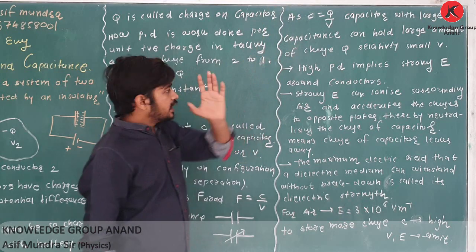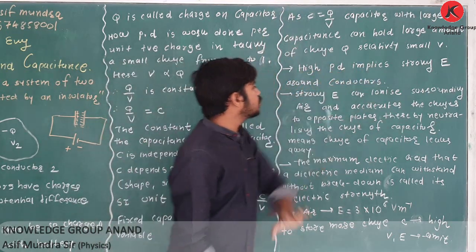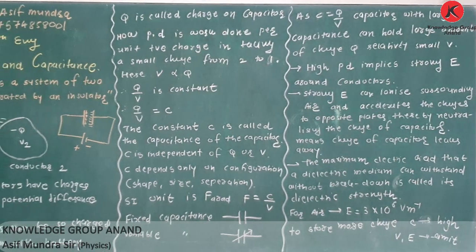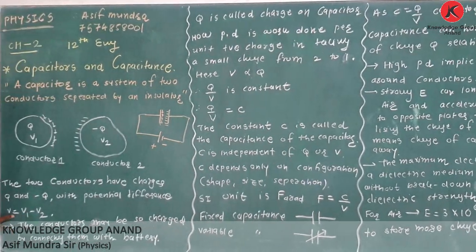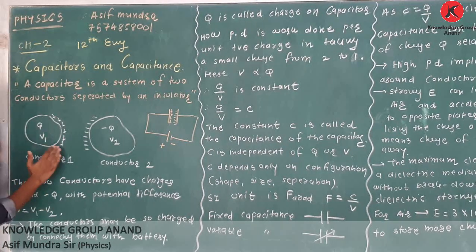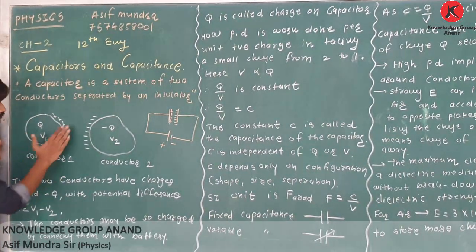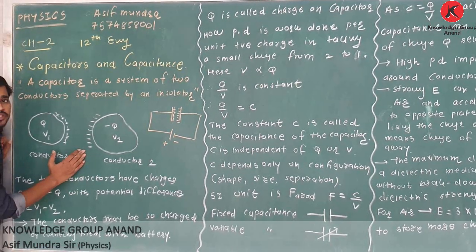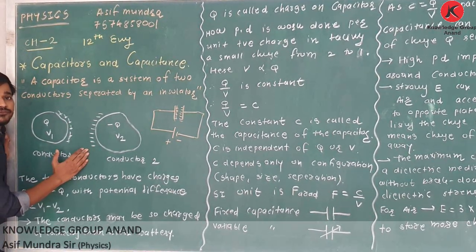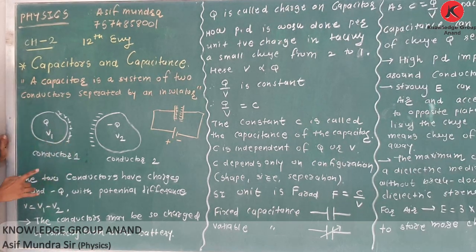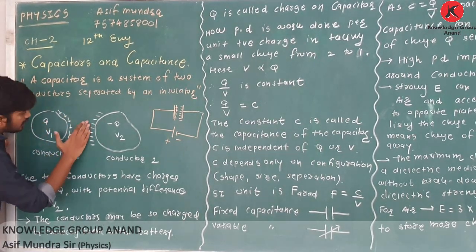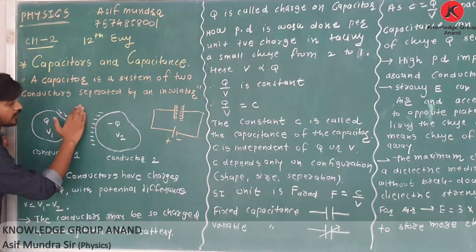At lower potential, if we have high potential between two conductors, see in this figure here, if V1 minus V2 is equal to V, the potential difference between these two conductors is high. Due to this high potential difference, the electric field produced is strong, and due to the strong electric field, this air is ionized.